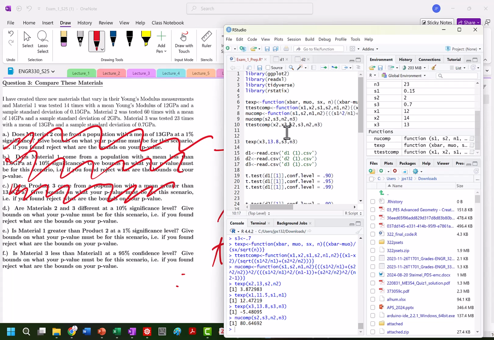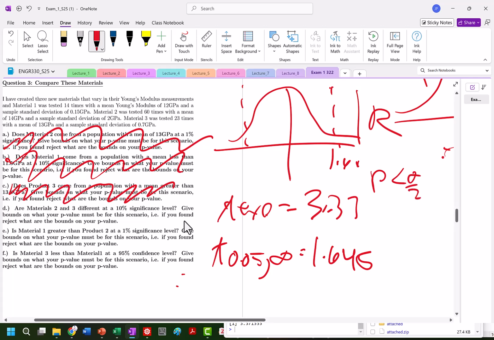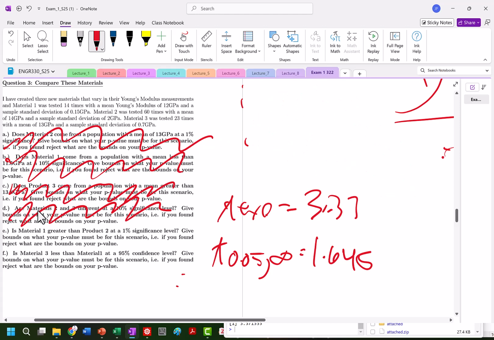And there we go. Our t-test comp is 3.37. This is 1.645. So we are in the reject region, meaning that they are statistically significant and our p is less than alpha over 2. Beautiful. Done. Let's do another one.